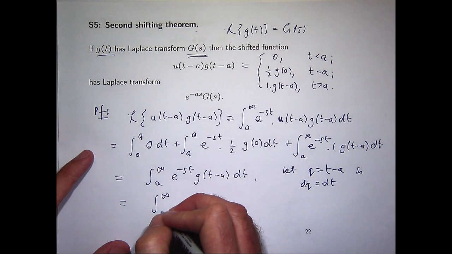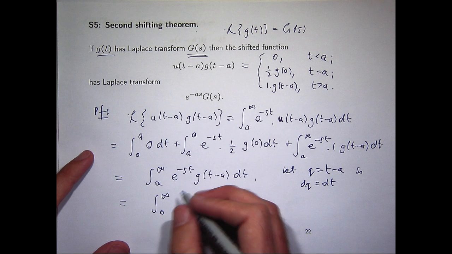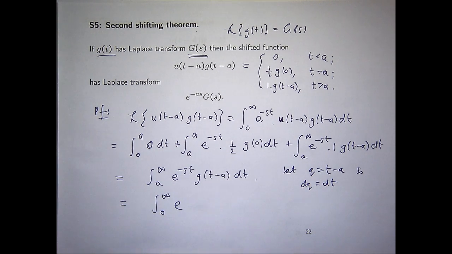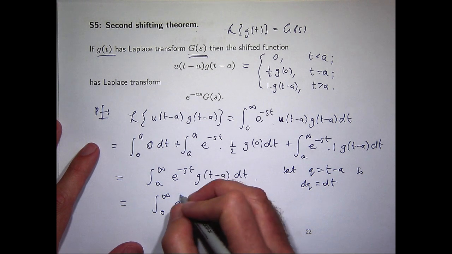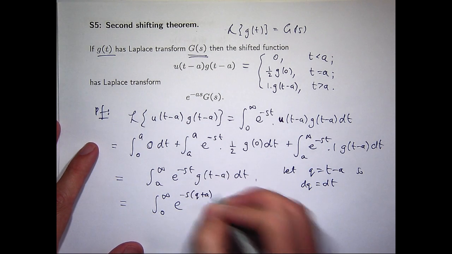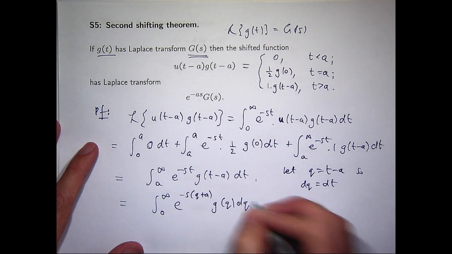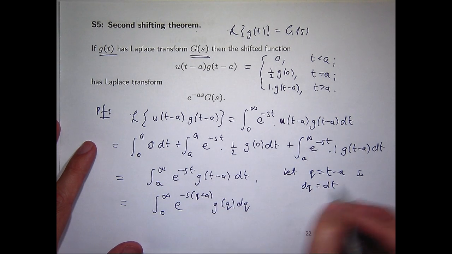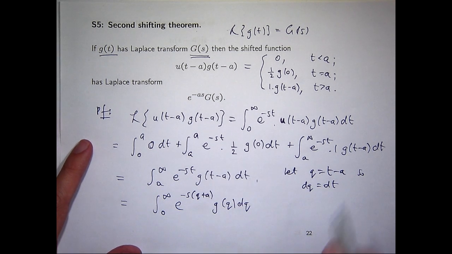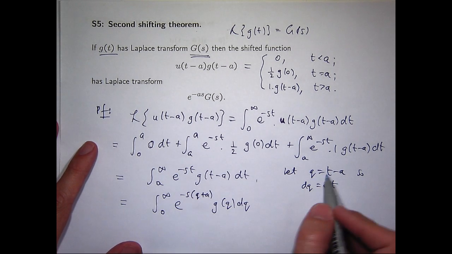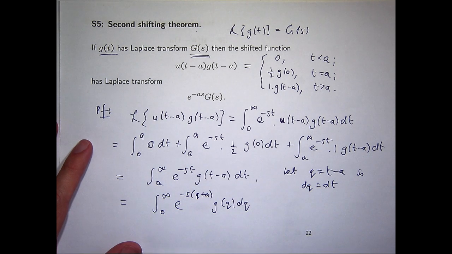So I can form the following. I just replace t with q plus a. It's 0 because I've made the substitution. So when t equals a, q is going to be 0. You with me?